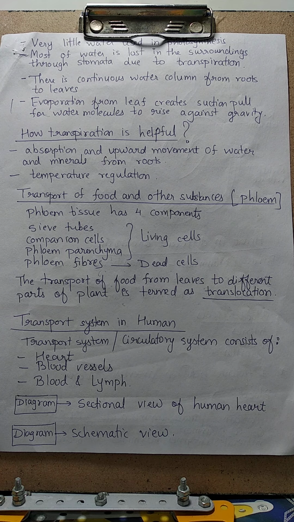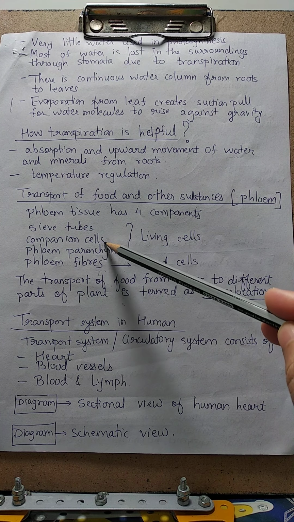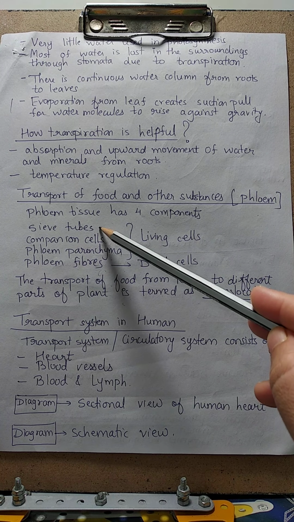Whereas companion cells have cytoplasm as well as nucleus, and they supply sieve tubes with some of their requirements, so they always support the sieve tubes.